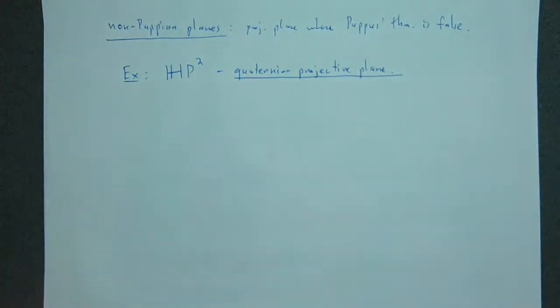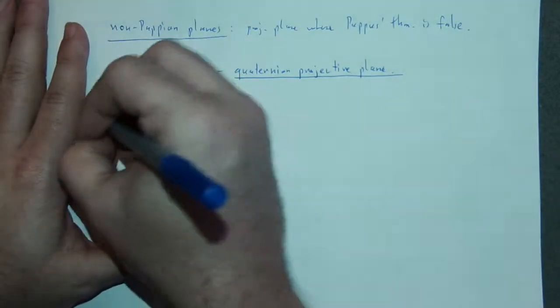Now, what is the quaternion projective plane? For those of you that haven't seen the quaternions before, I have to talk about what the quaternions are, and this makes sense to go ahead and do it now because we're going to actually be using the quaternions quite a bit in the next couple of chapters, and so it makes sense to go over what I mean by the quaternions. So, what are the quaternions?